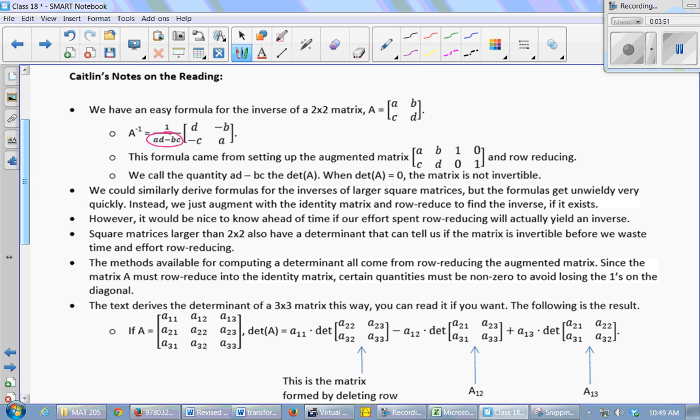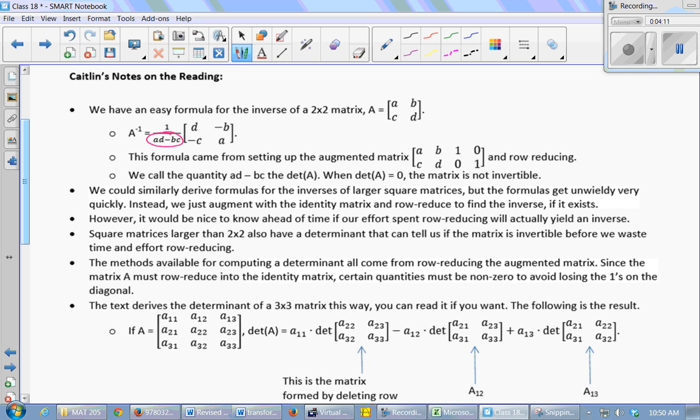So it would be nice to know ahead of time if our effort spent row reducing a matrix was going to pay off, if we were actually going to get an inverse. So a determinant is something that can tell us whether or not that inverse exists.